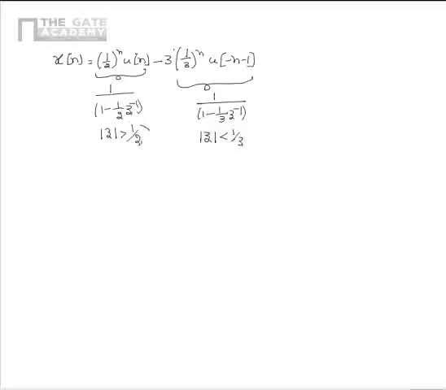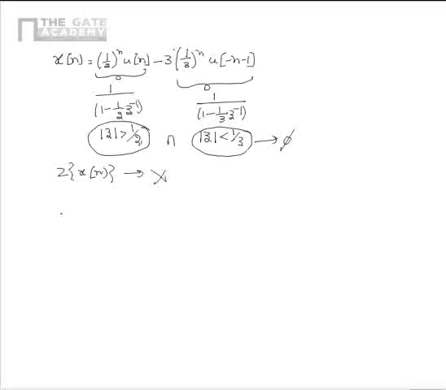Here please note that the intersection of the ROCs, mod z greater than half and mod z less than 1 by 3, is phi. So the Z transform of x of n doesn't exist.